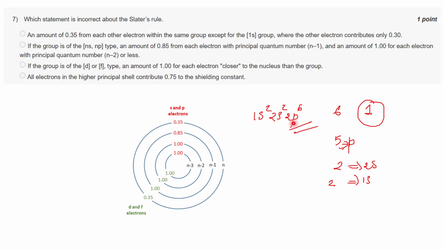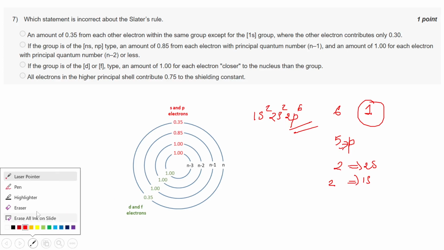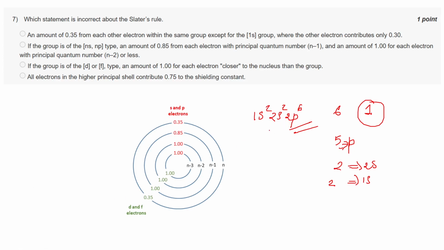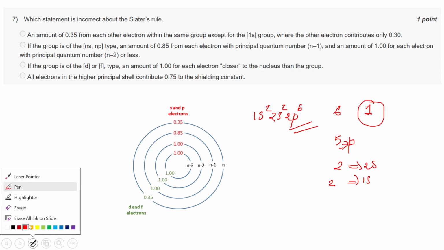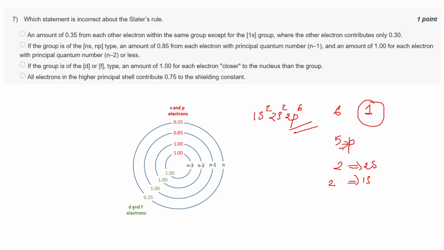This is the same shell. I can say that this is the nth shell, because the nth shell is where my electron is, and this is the n minus one shell. If we had something else, it will be n minus two, and so on.